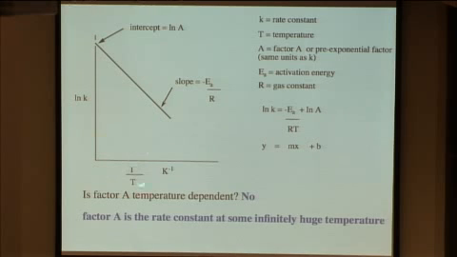So that's when 1 over temperature equals 0, then the rate constant equals factor A. What would be true about the temperature for 1 over temperature to equal 0? Very big. So at the biggest, hugest temperature you can imagine, the rate constant is going to equal factor A.